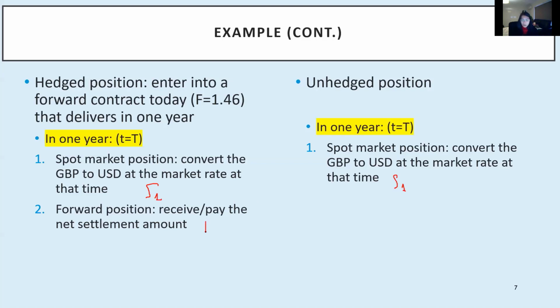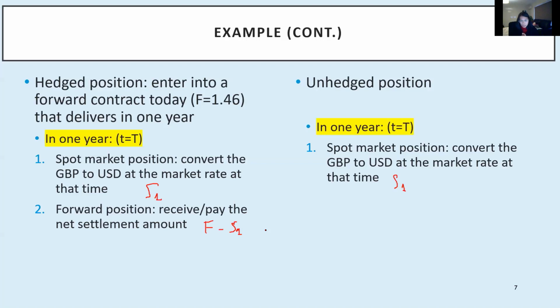So for example, if you have a short forward contract, your payout function is like this. In the future, if the spot rate is greater than the forward rate, you are going to pay to your trade partner, your counterparty, sorry, in the forward contract.